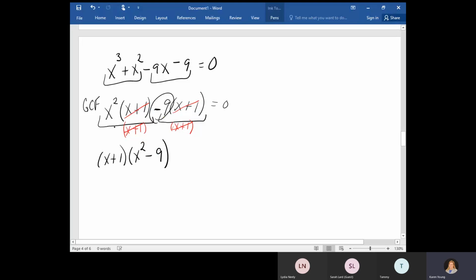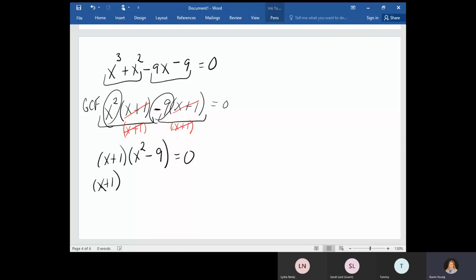I'm left with this number and the x squared. So I don't want to ignore my x plus 1 out here, but I want to look at my x squared minus 9. How do you keep the x plus 1? Because the idea is that I'm dividing it out, but I'm also factoring it out.